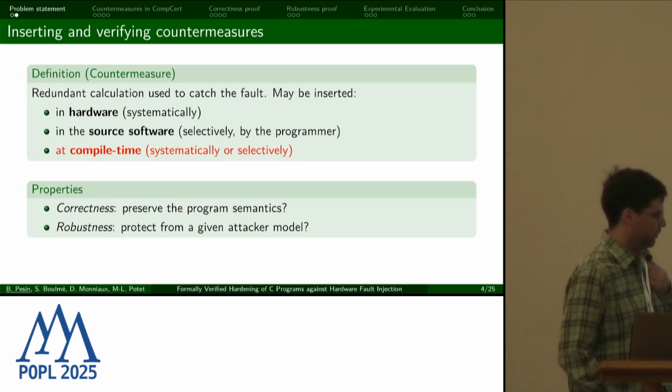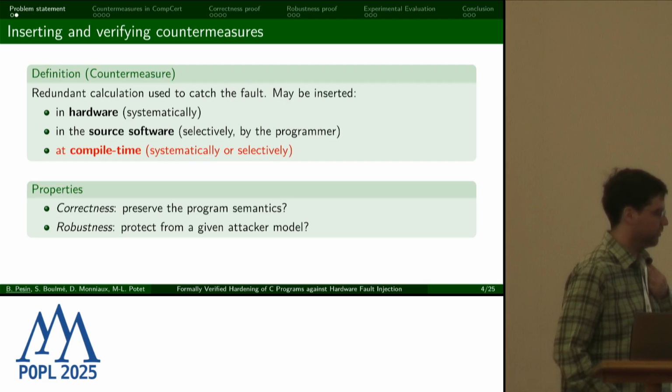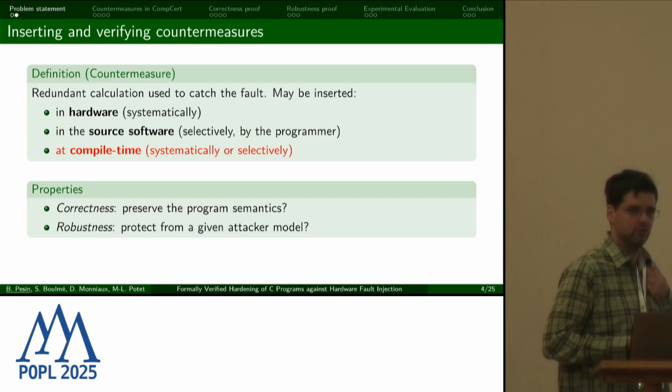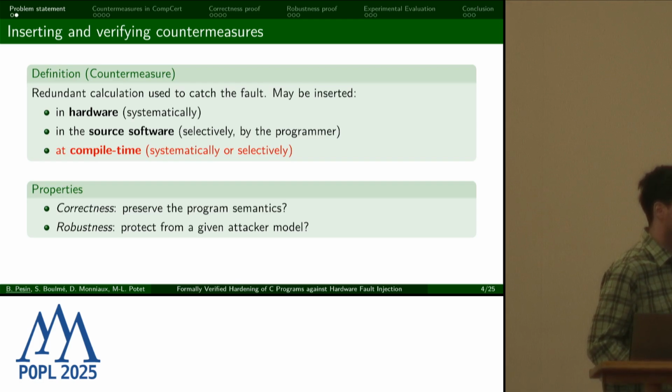And if you do so, there's actually two properties that you might want to prove from these countermeasures. You might want to prove that they are correct in the sense that if there's no fault, adding a countermeasure actually doesn't change the semantics or the behavior of the program that you're protecting. And the second property is that the countermeasure is actually efficient. It does protect from the attack in a certain sense that we will define later.